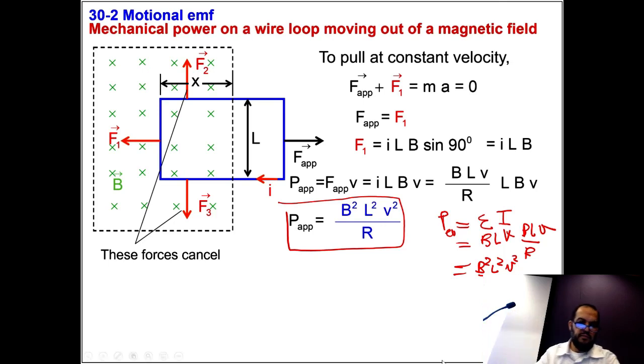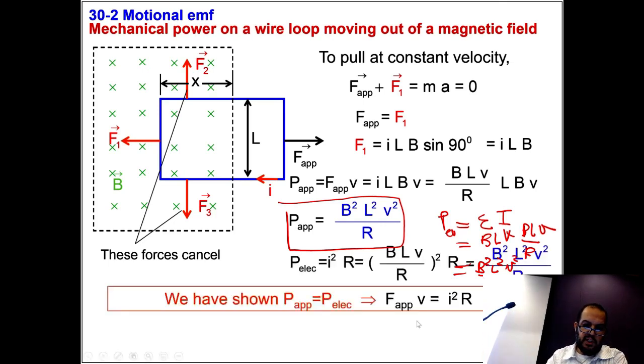The applied power is equal to the electric power, or F applied times V is equal to R i squared. You can also write it that way.